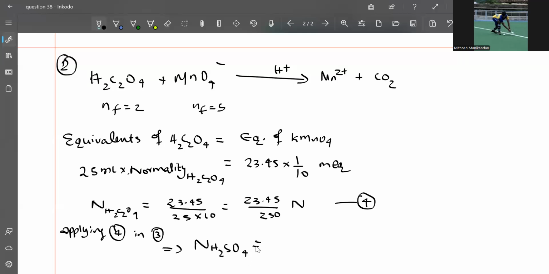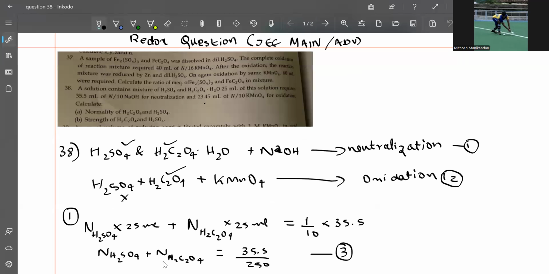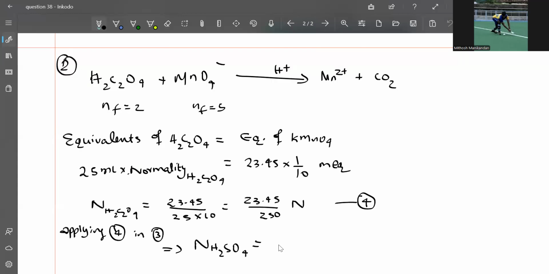N of H2SO4 should be equal to 35.5, with everything divided by 250. So 35.5 minus 23.45, divided by 250.